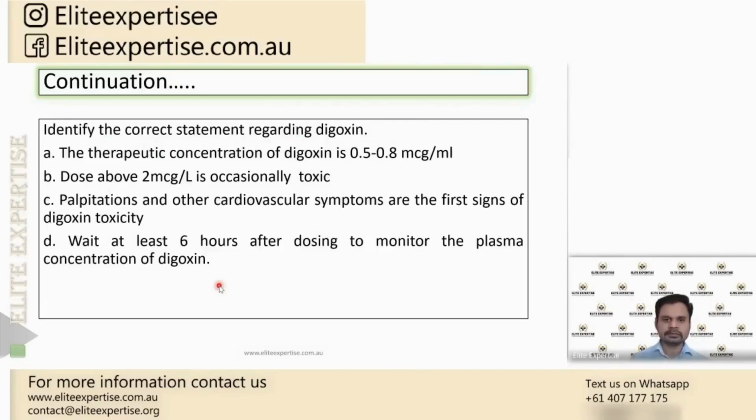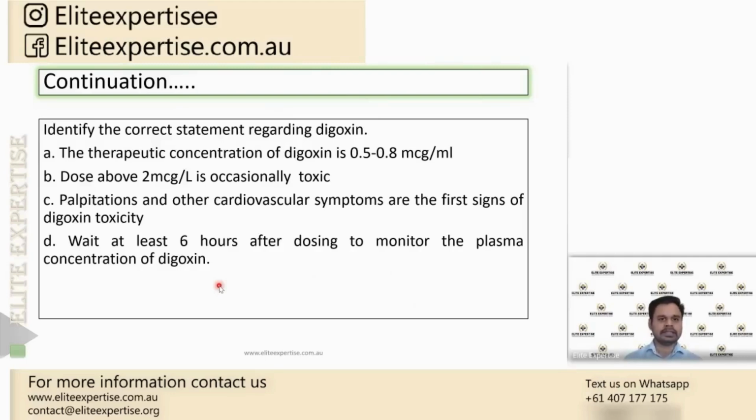Then finally, identify the correct statement regarding digoxin. Here are a few statements related to digoxin. You need to identify which statement is correct. The first statement says that the therapeutic concentration of digoxin is 0.5 to 0.8 micrograms per ml.